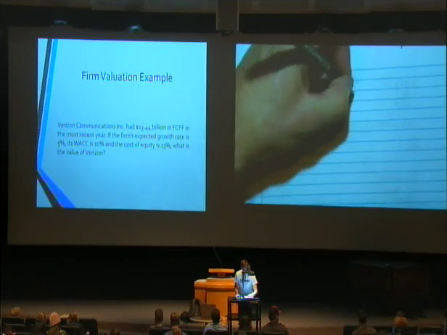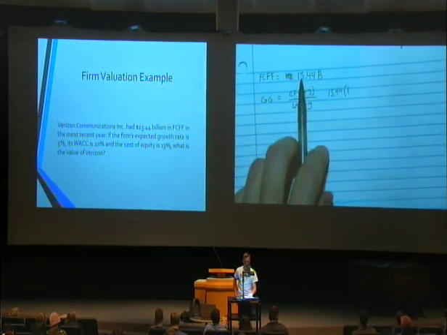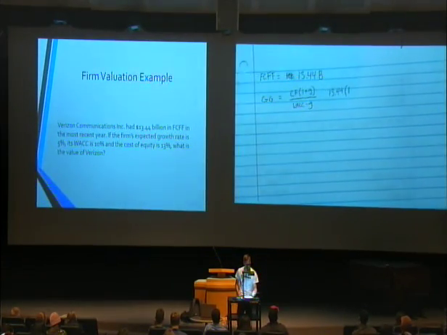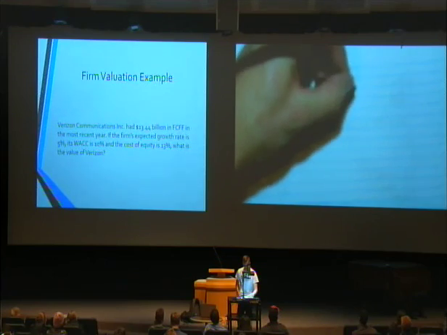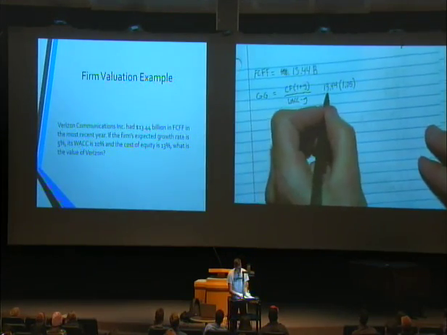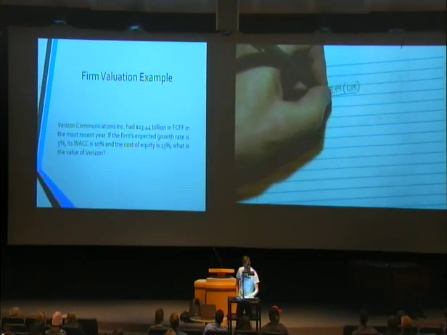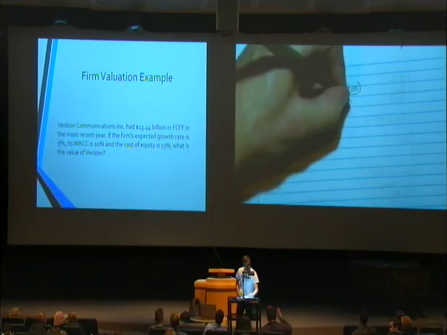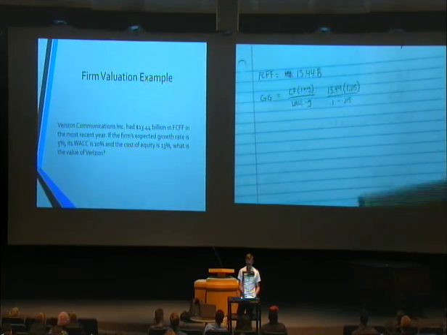13.44, and since this was the most recent year, we need to find next year's cash flow. So you multiply it by 1 plus the growth rate of 5%, so 1.05, right? And then you divide it by WACC of 10%, so 0.1, minus G of 0.05. And then you just calculate that.